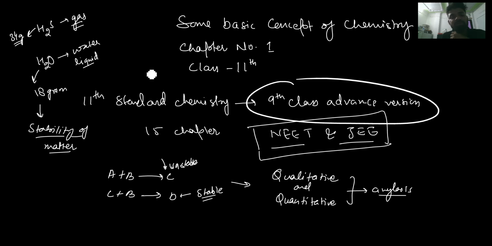First of all, in chemistry, generally there are two types of measures we study, that is qualitative and quantitative. Okay, qualitative measures and quantitative measures. What are qualitative measures? Qualitative measures concern when a reaction is going to take place.